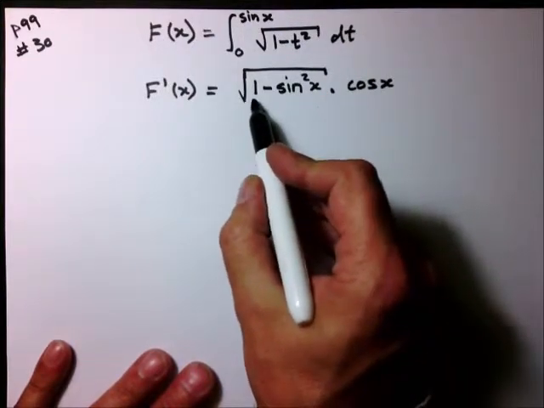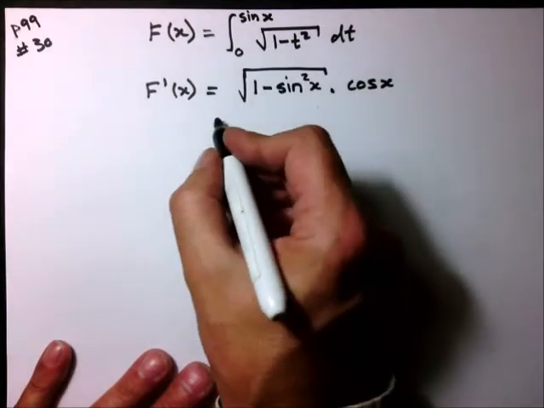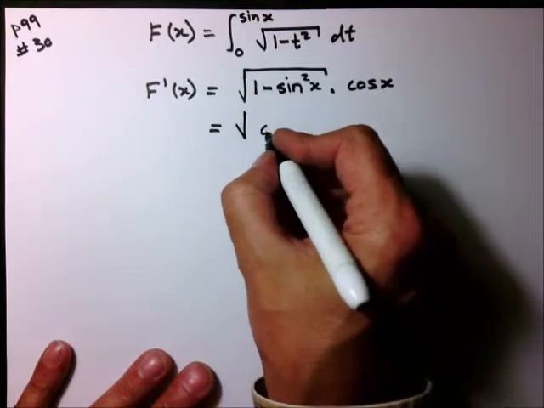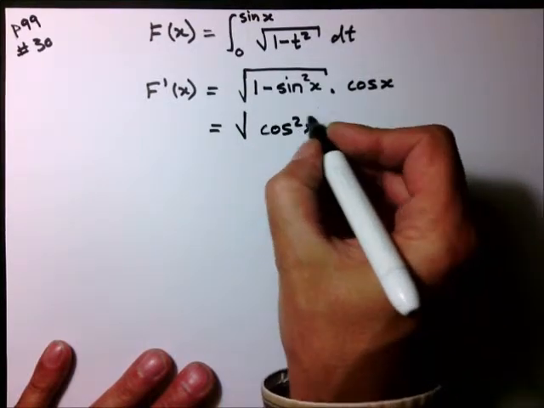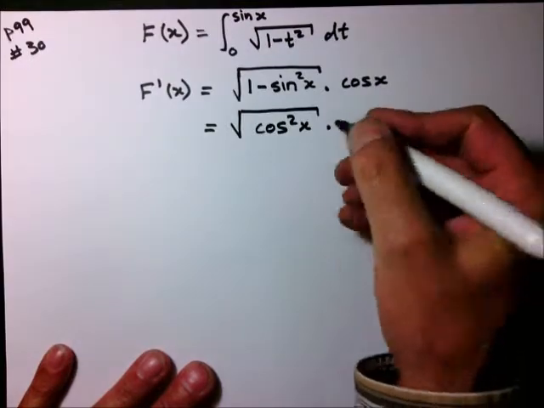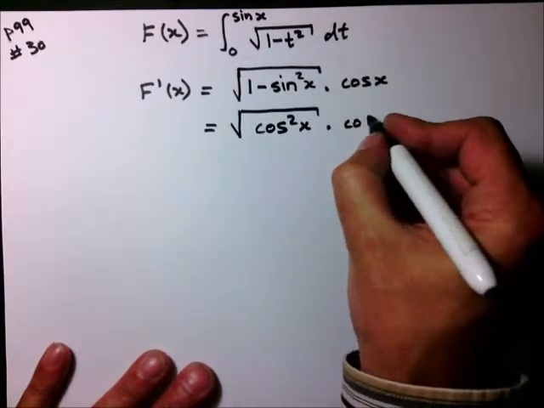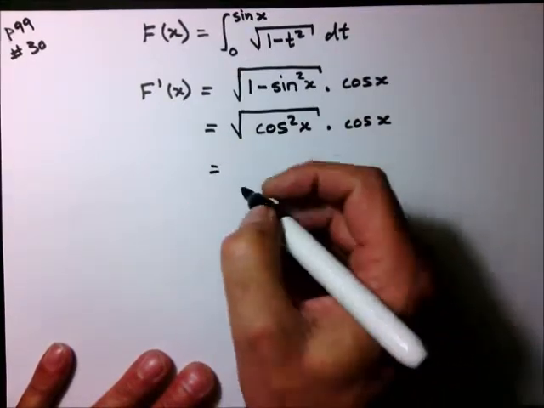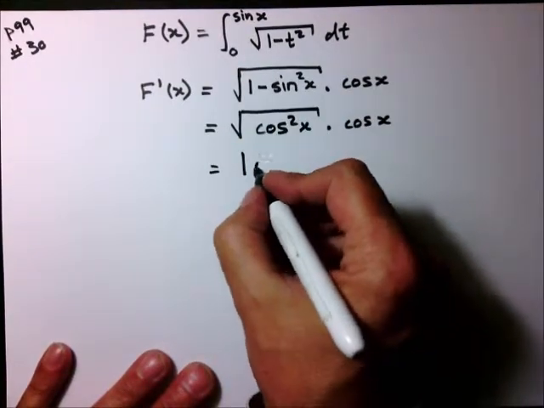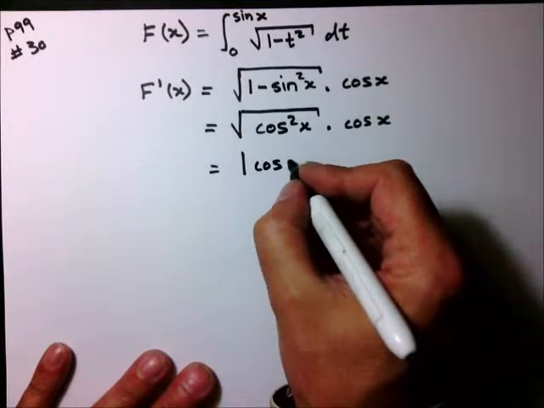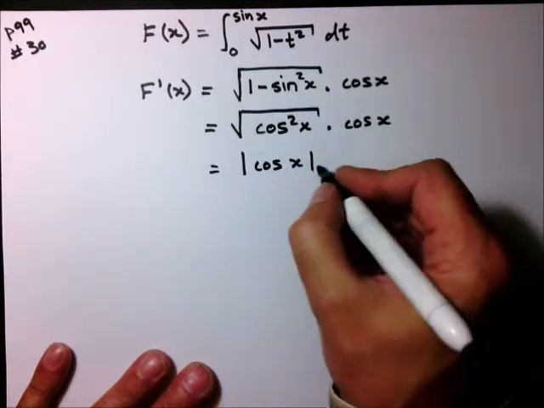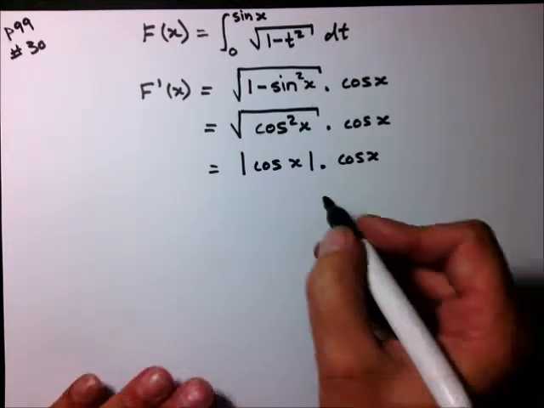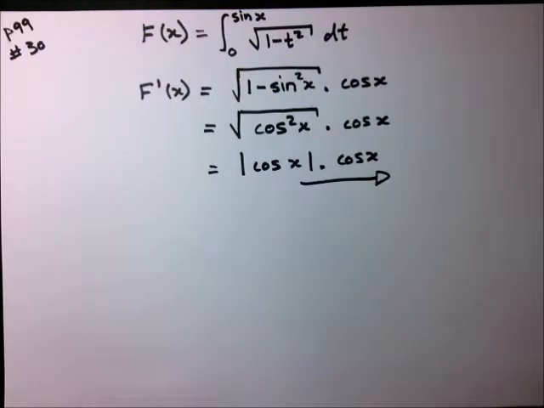First of all, from a trig identity, what's inside the square root is actually equal to cos squared of x, and the outside here is still cos of x, and that then simplifies to the absolute value of cos of x times the cos of x, and there's the answer.